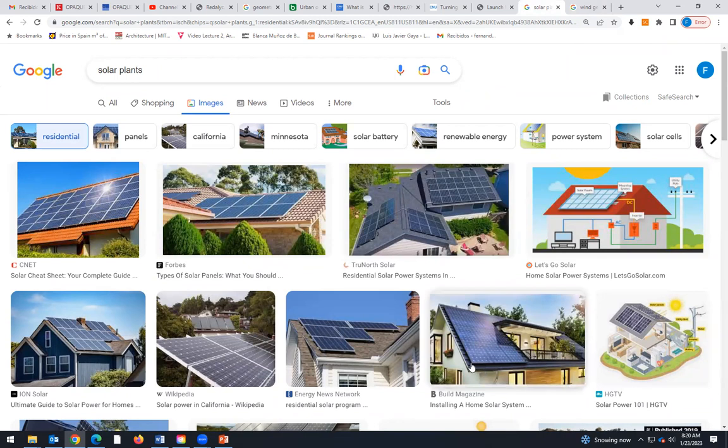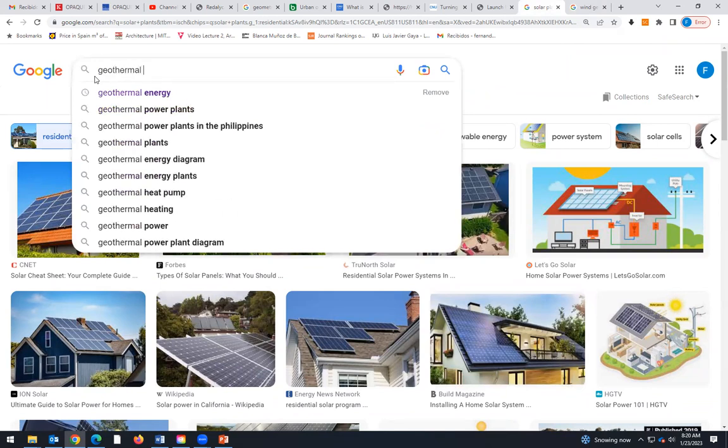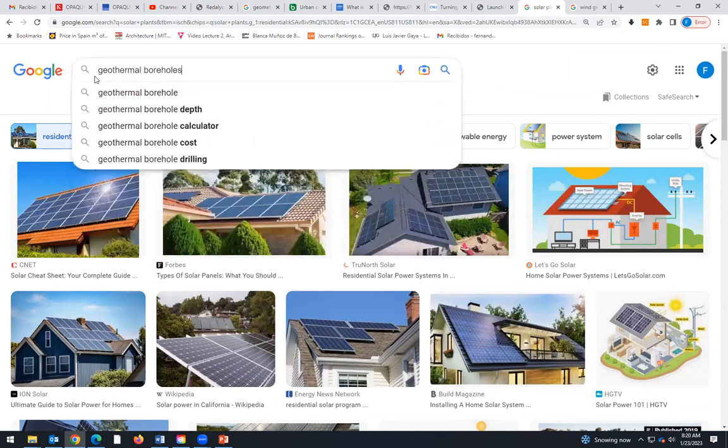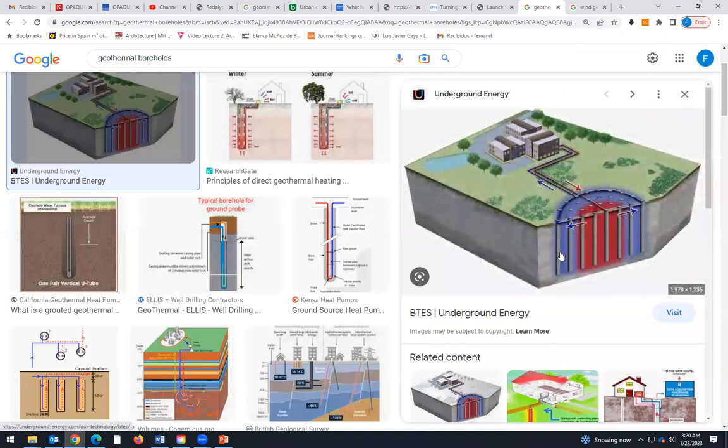And when it comes to geothermal energy, we can work with this. We can connect buildings to these holes, and the depth of these holes is around 50 to 100 feet.